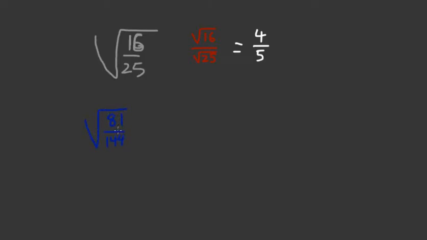Well, you're just going to square root the numerator and the denominator both. And when you do that, it's going to be the square root of 81 divided by the square root of 144. And then the square root of 81 equals 9, and the square root of 144 equals 12.